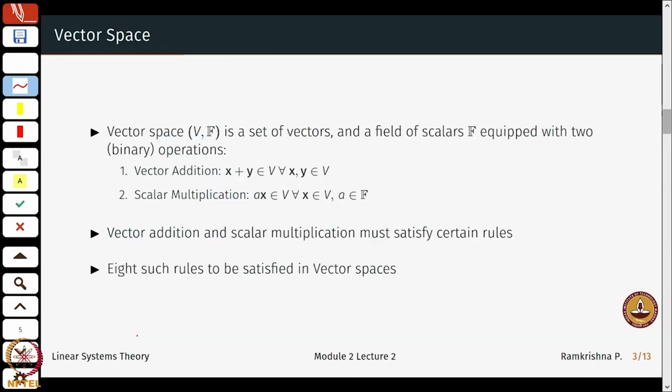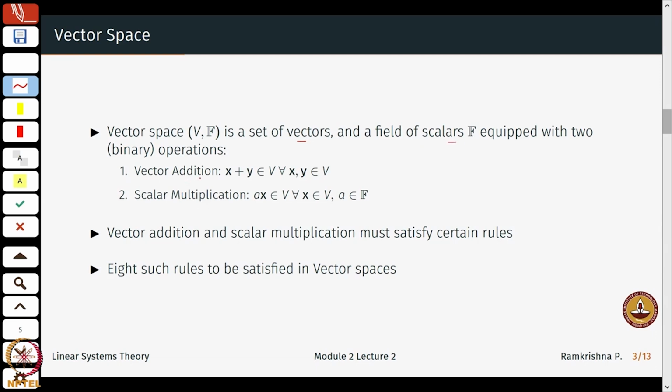Okay, so to begin with, the idea of a vector space. By definition, it's a set of vectors and a field of scalars equipped with two binary operations.